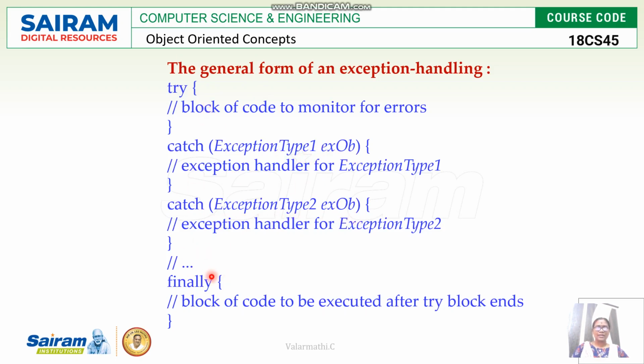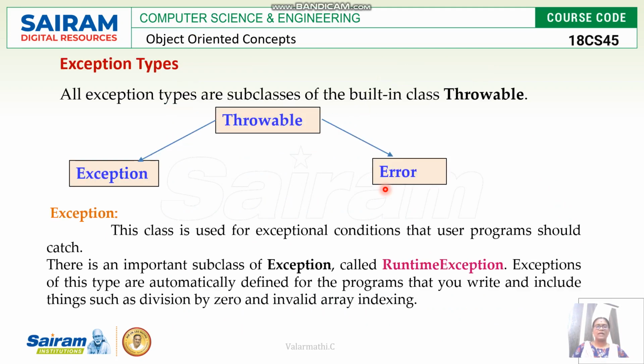If the exception is not caught by those particular catches, then immediately after the try block, the code needed to handle that is written in the finally block. The block of code to be executed after the try block ends is written using the keyword finally. So this is the general form of exception handling in Java.